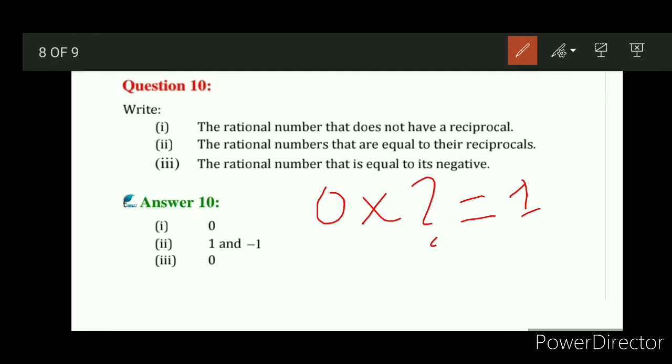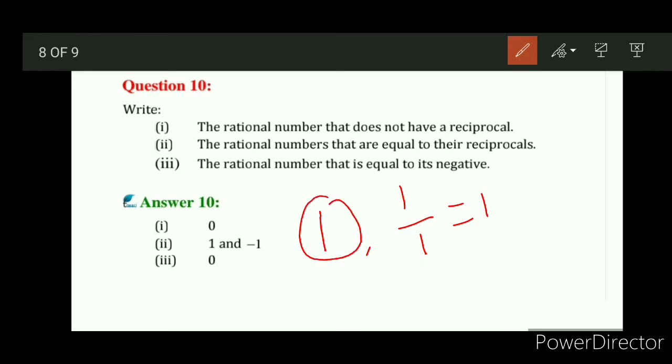Second question. Write the rational numbers that are equal to their reciprocals. For example, 2's reciprocal is 1 by 2. 3's reciprocal is 1 by 3. Similarly, 1's reciprocal is 1 by 1. 1 by 1 becomes 1.